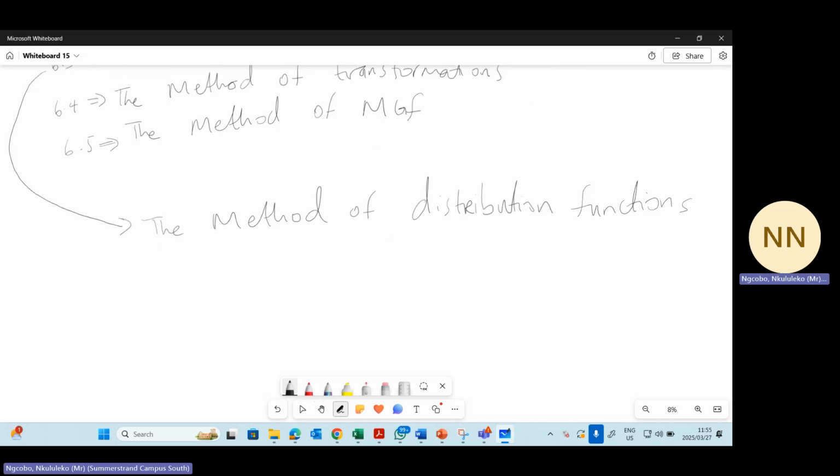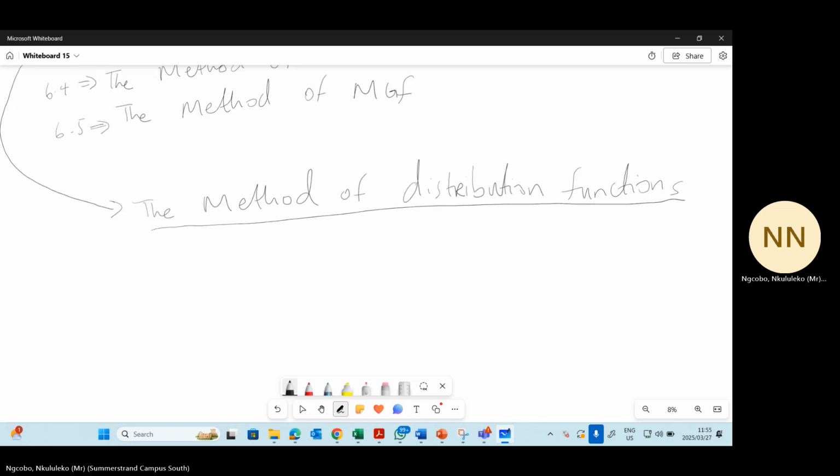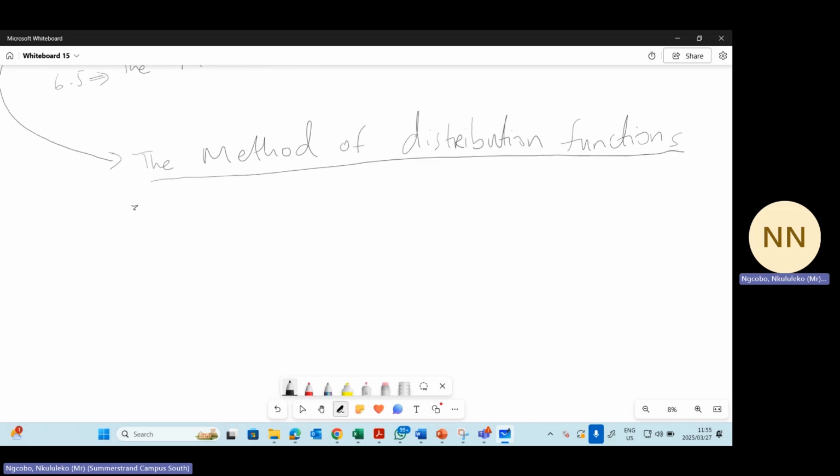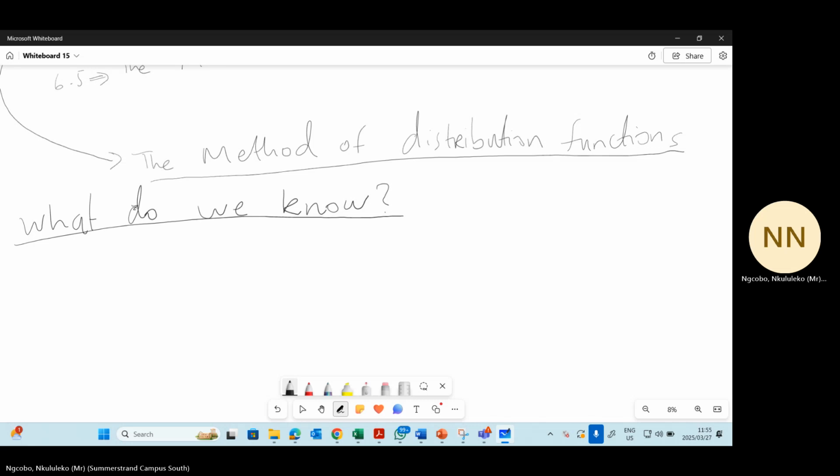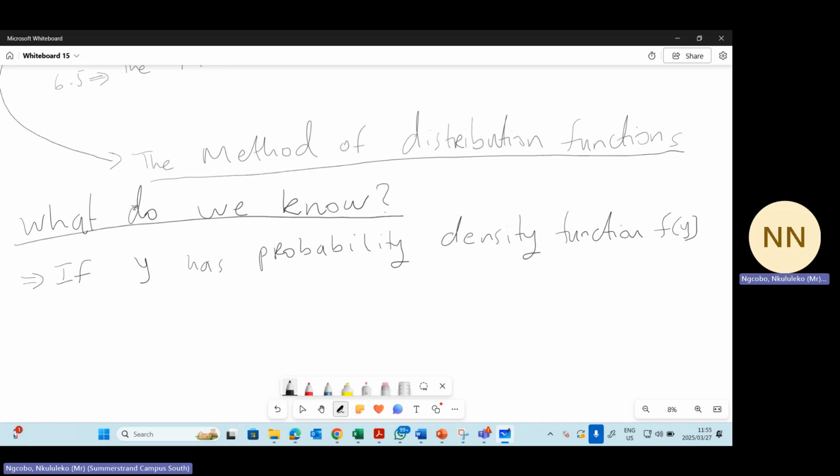Right. So what do we know? If y has probability density function f of y, right?